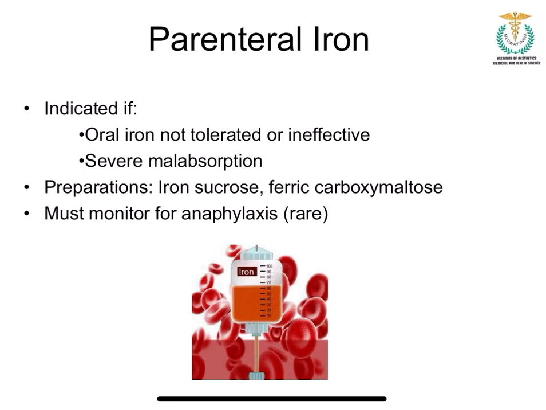If the iron that you give is not getting absorbed properly by the body, then you give parenteral iron. It has to be given in an IV formulation. And what are the preparations? Iron sucrose, ferric carboxymaltose. These are the IV formulations that are available. Monitor for anaphylaxis. When you're giving any IV medication, you have to carefully monitor for any allergic reactions or anaphylaxis.